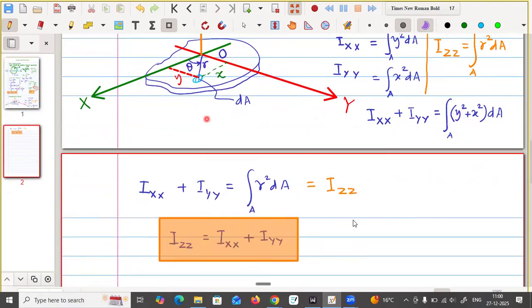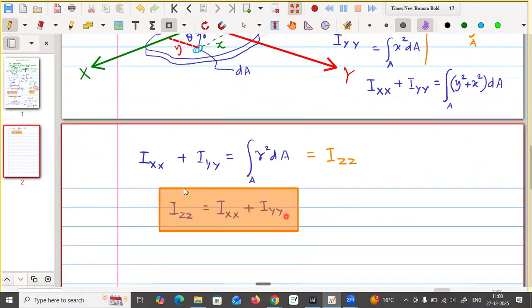This is also called polar moment of inertia. This left hand side is also called polar moment of inertia. And in some books, you will find that this is denoted with capital J instead of I. Okay, you will find that. So anyway, you can write IZZ also, no problem.